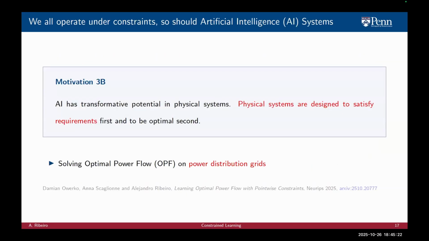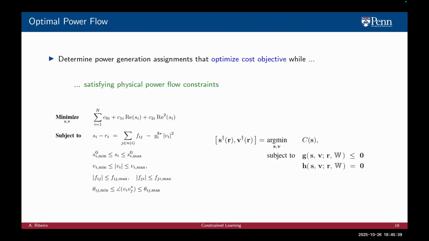I do have one other example, one other motivation, which is, again, along the lines of physical systems, but this is a different example, which is the solution of optimal power flow on power distribution grids. There are people here that understand this problem way better than me, so I am going to try not to embarrass myself. But in optimal power flow, you want to solve this optimization problem.